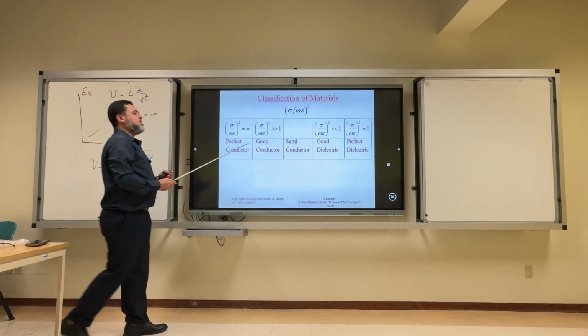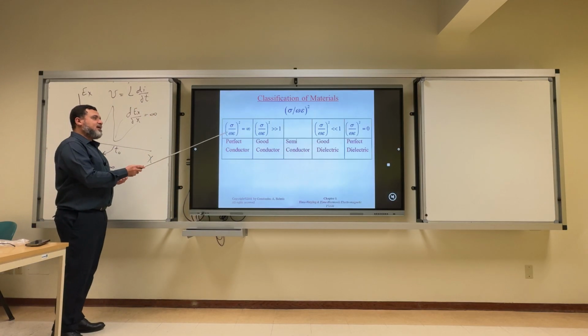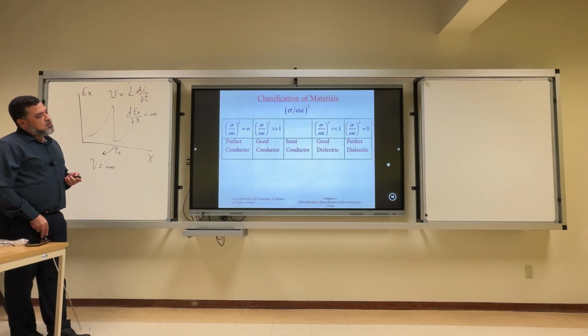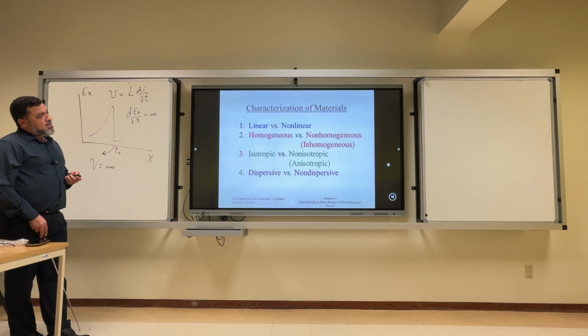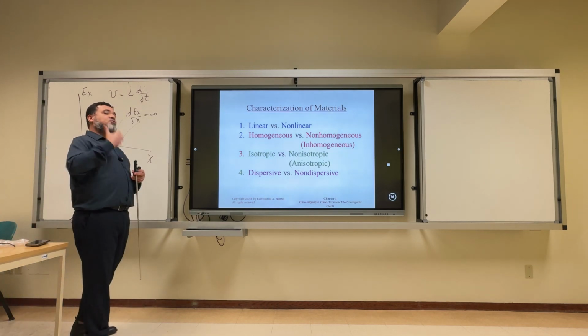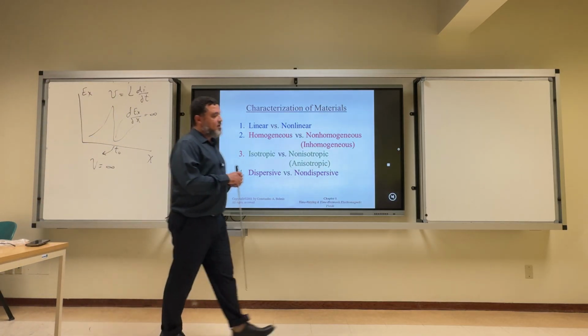So we can classify the material based on sigma and omega, that is, based on the conductivity and the frequency. That's called the loss tangent, as we'll see later in chapter 3, I believe. We can also characterize the material based on the response of the constitutive parameters. The constitutive parameters, as we said, are epsilon, mu, sigma.